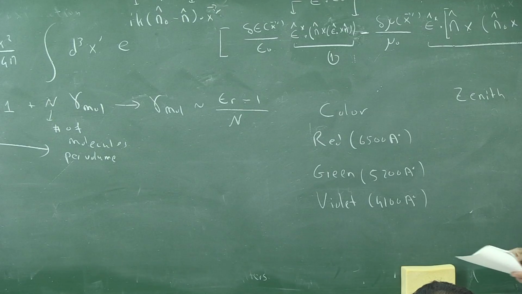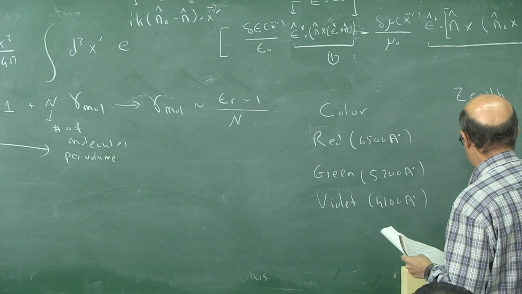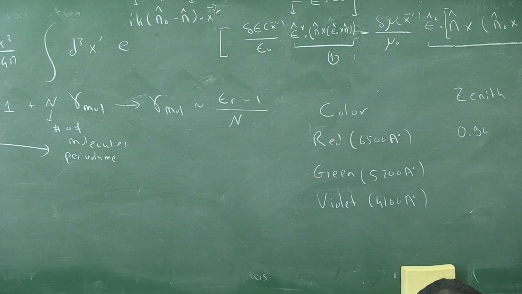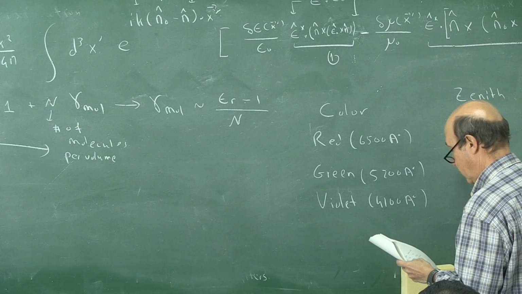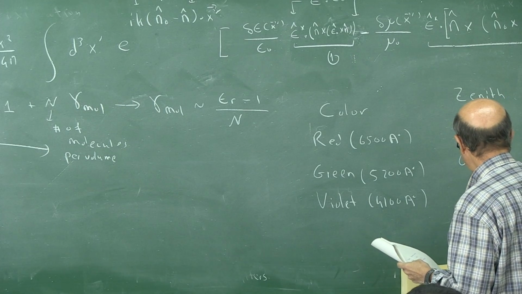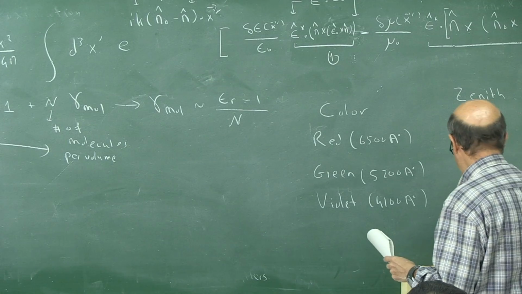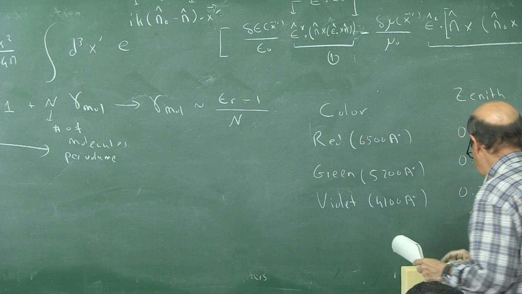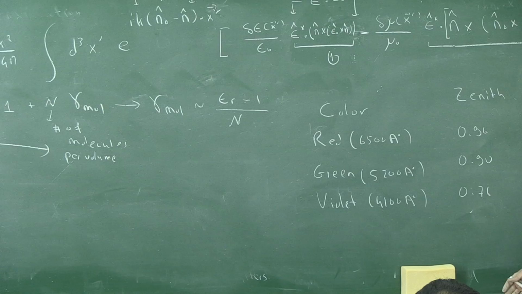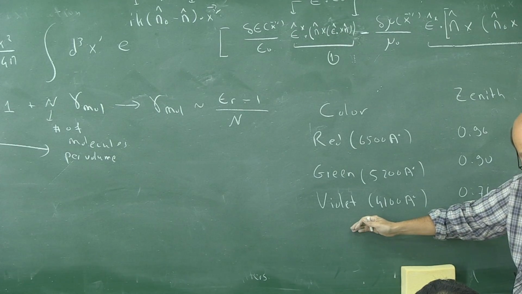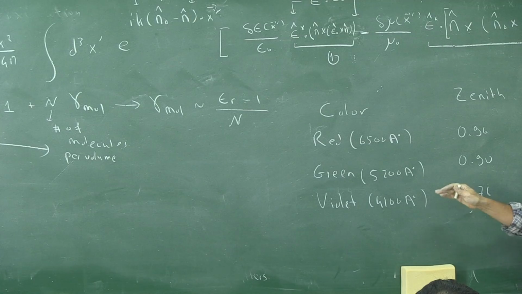At the zenith, 96% of the red passes to the Earth observer. 90% of the green passes, and 0.76 passes. Okay, so yes, higher frequencies are scattered more, but the orders of magnitude are similar.